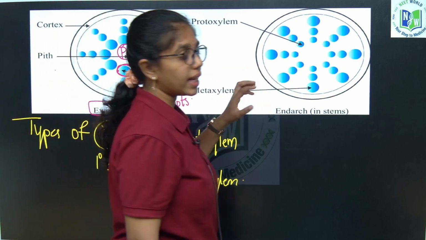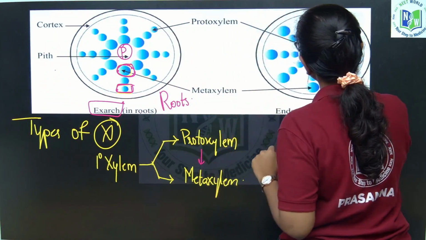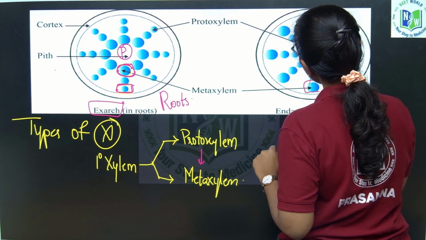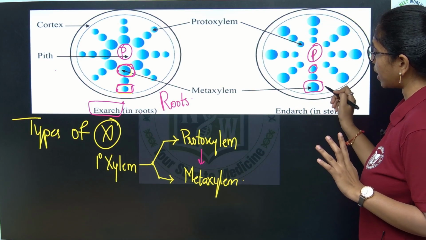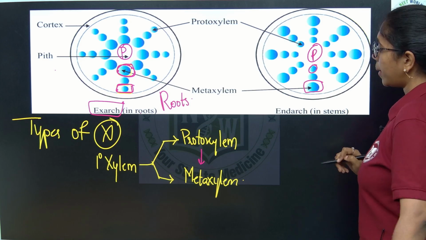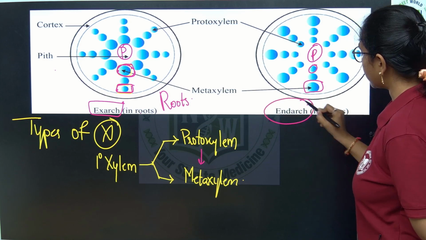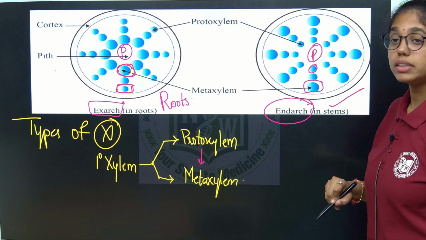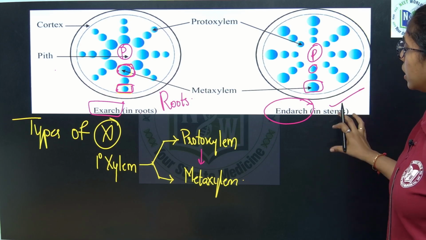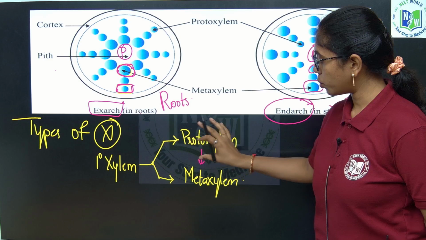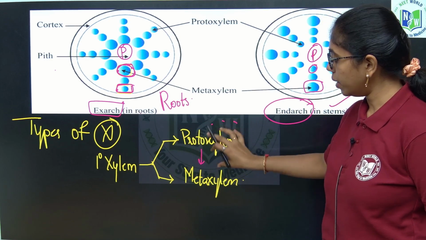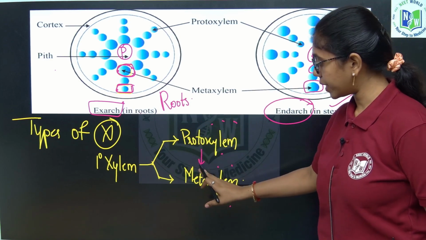Endarch form of xylem is where protoxylem is closer to the pith and metaxylem is towards the peripheral region. Protoxylem is towards the pith and metaxylem is towards the periphery. This is endarch xylem. It is seen in the stem. This is about the types of primary xylem. You have two types, protoxylem, which is the primitive xylem, and metaxylem, which it later matures to.